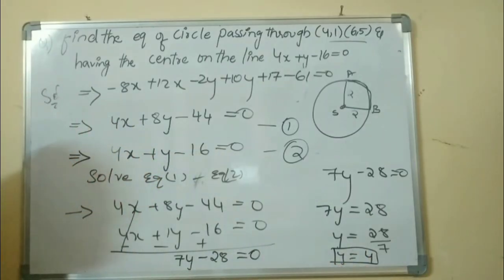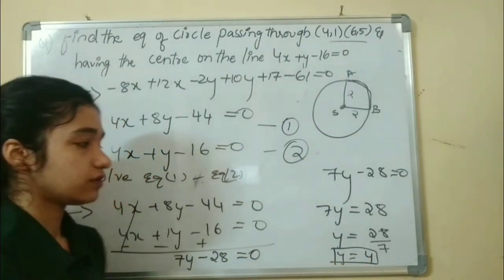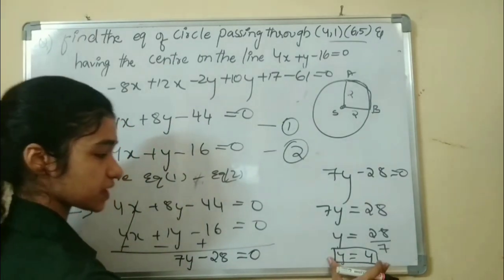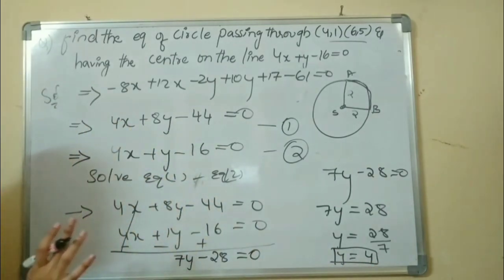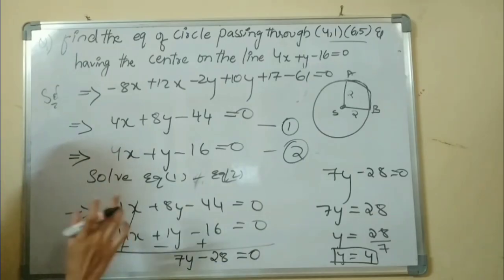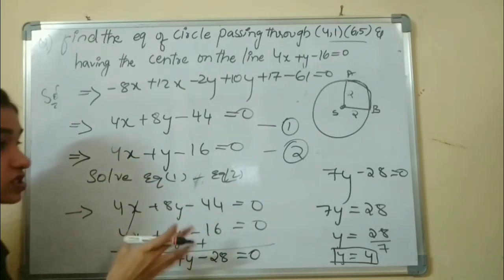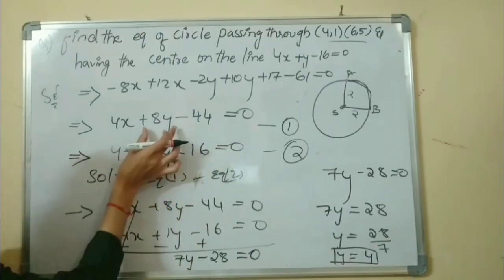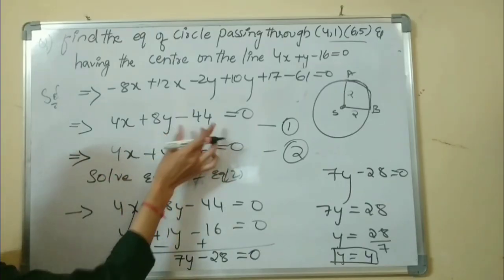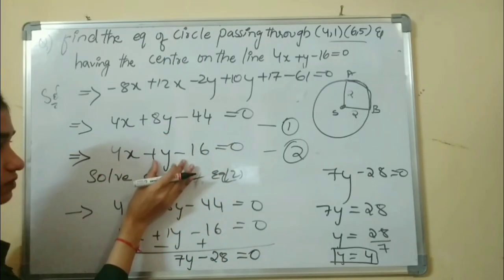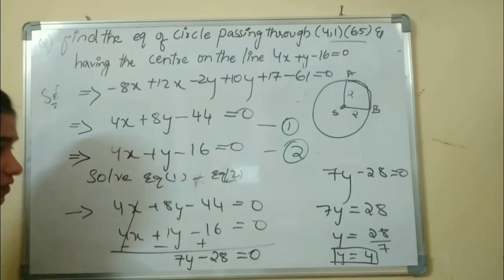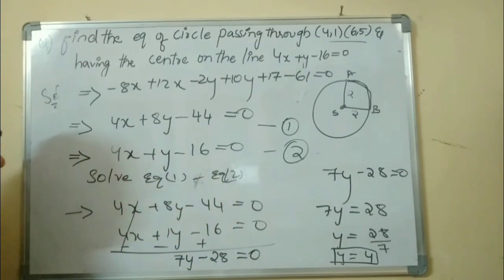Okay. Now after getting the y value, we have to get the x value. For that we have to substitute this value in any of the equations. But whenever you are substituting, you have to see which equation is easier. Here we have 8 and 44, bigger numbers. But in equation 2, y minus 16 is the smallest compared to equation 1.